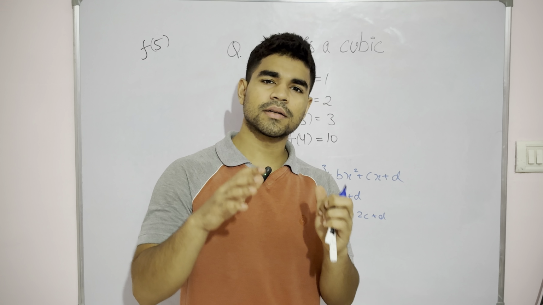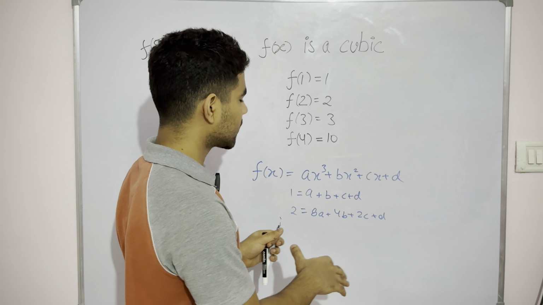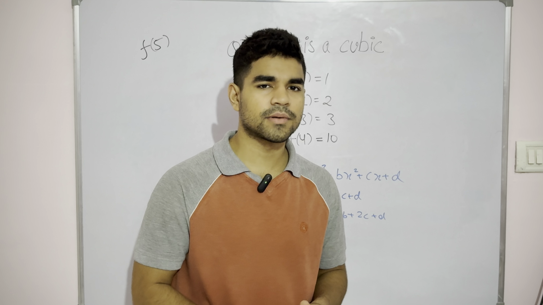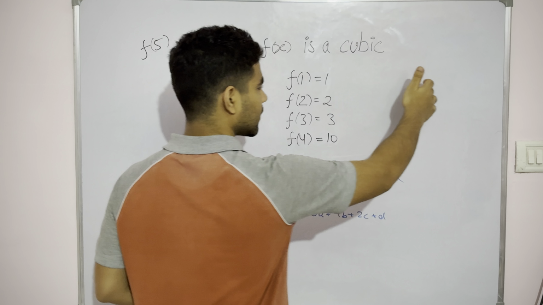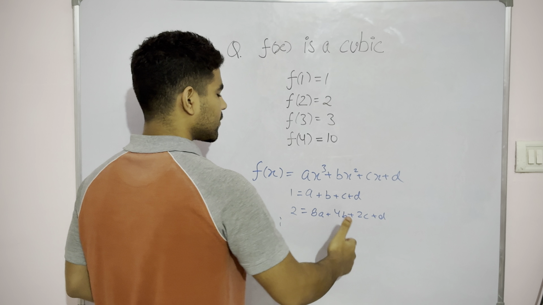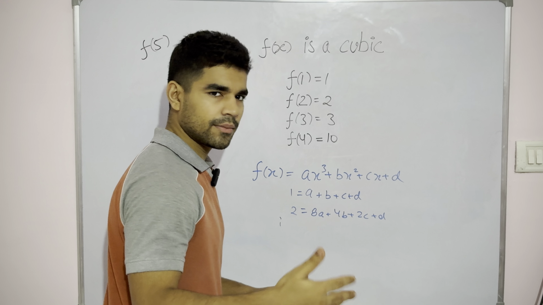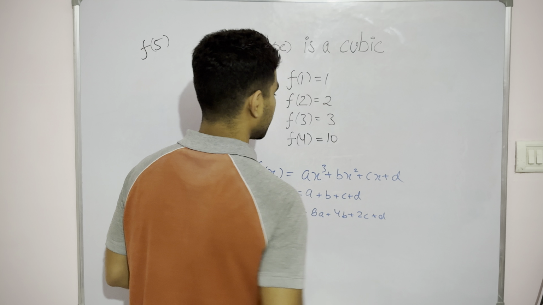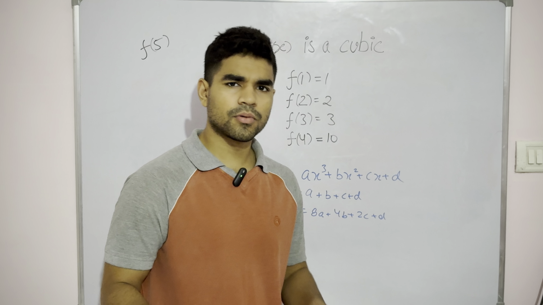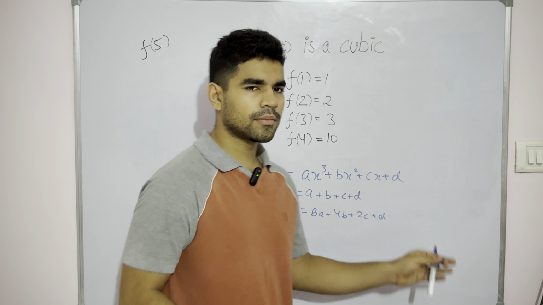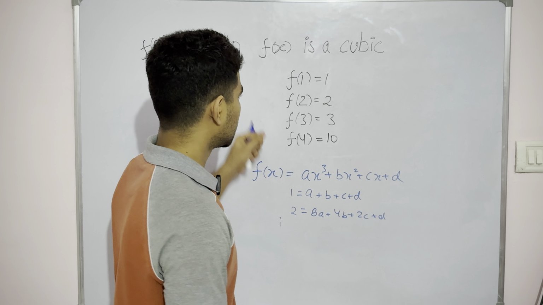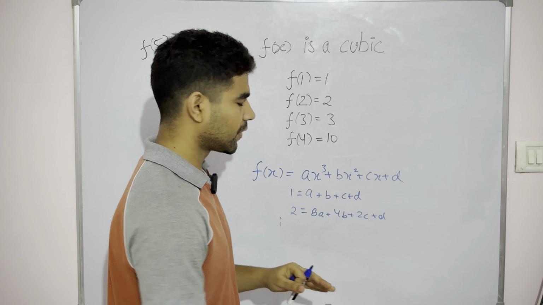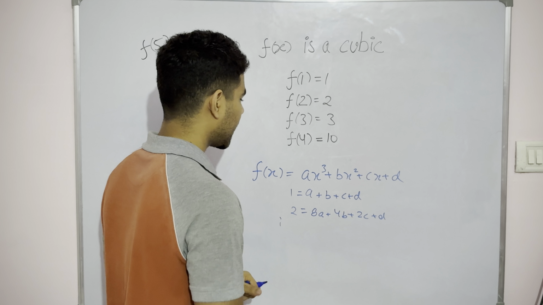Eventually you will end up with a single variable, and after solving that equation you will get the value of that variable. Then when you back propagate, you will find all the values of a, b, c, d, and you will find the cubic polynomial f(x). So it is a simple approach, quite lengthy, but no theory or tricks applied.